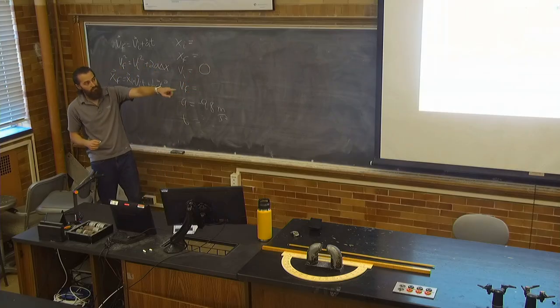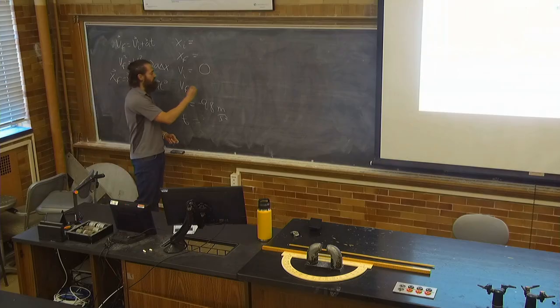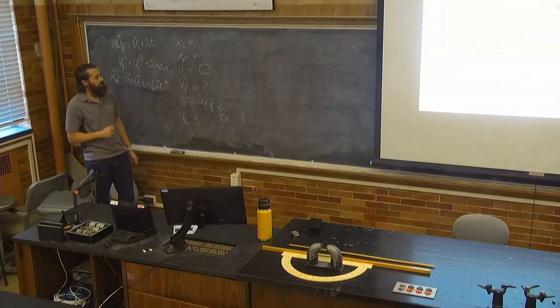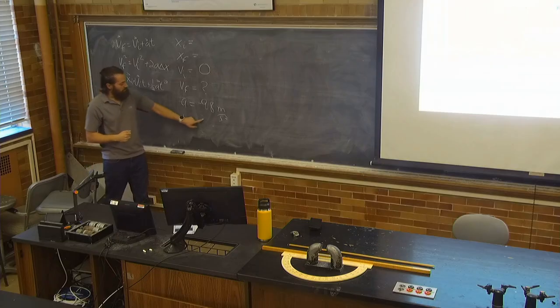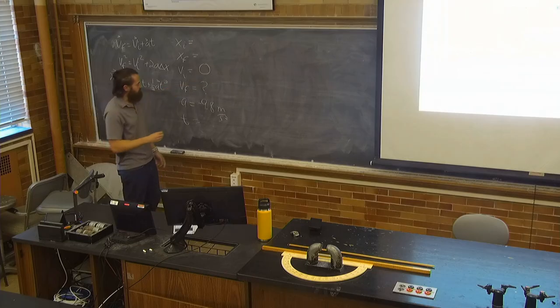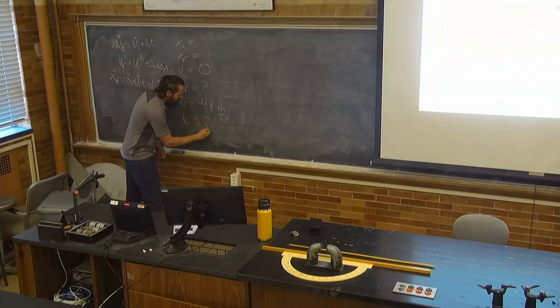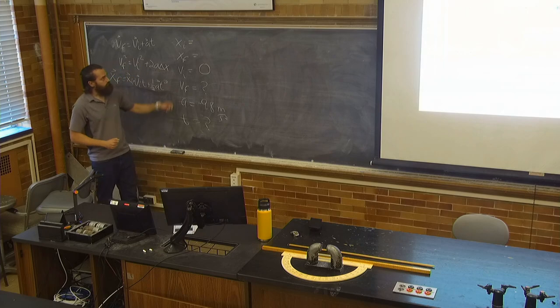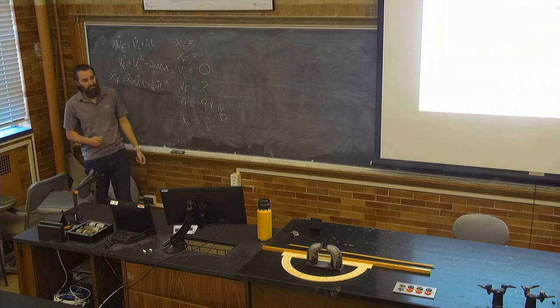The problem asks for the final velocity, so that's one of the unknowns that we're trying to solve for. The time that it takes to fall is also something that we want to find. And so we're left with our initial and final positions.